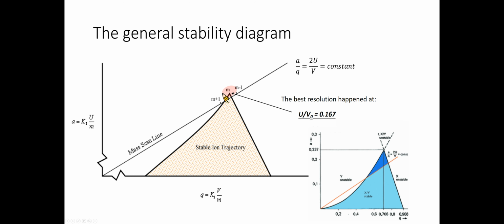While it would be best for the line to intersect at the apex of the stability diagram, it is impractical due to fluctuations in the AC and DC voltage. As a result, the line intersects a little below this point, allowing the quadrupole to obtain unit resolution.